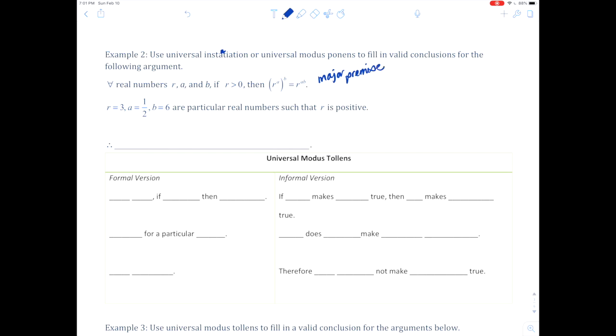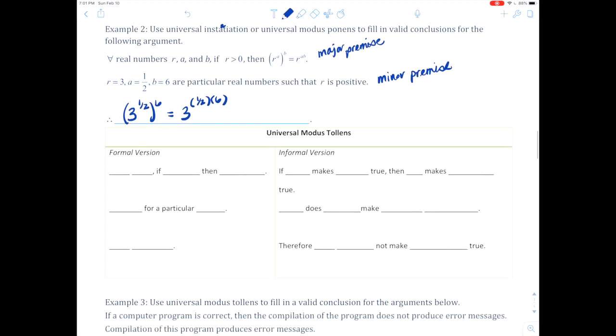All right, the minor premise is this next one. r equals 3, a equals 1/2, b equals 6 are particular real numbers such that r is positive, right? Therefore, what would we say? Beautiful. 3 to the 1/2 raised to the 6 is equal to 3 raised to the 1/2 times 6.